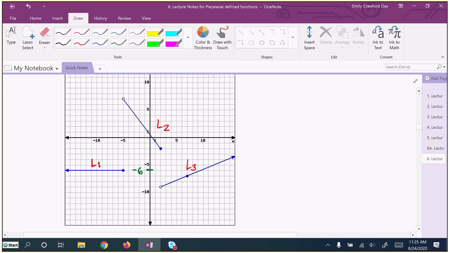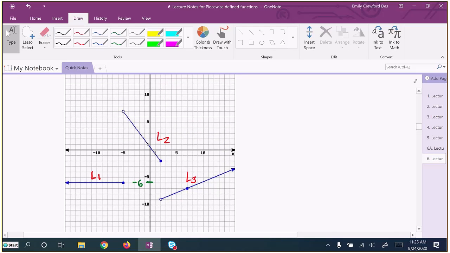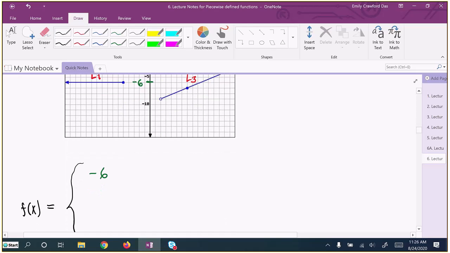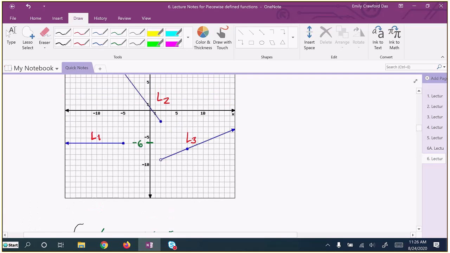So that's the first line. And for which piece of the domain? Well, the arrow tells me that it goes to negative infinity in terms of the x coordinates, and it keeps going up until x equals -5. So this is for x less than or equal to -5 because it's a closed dot.